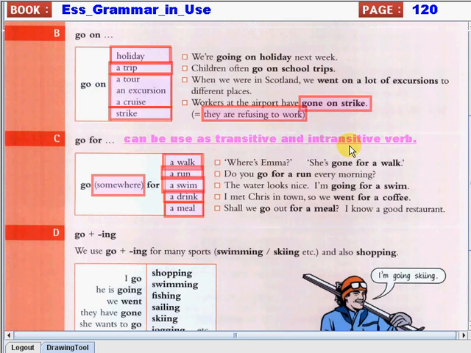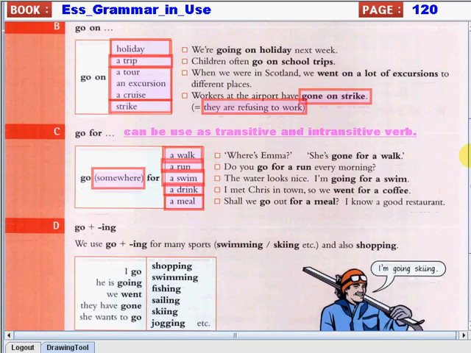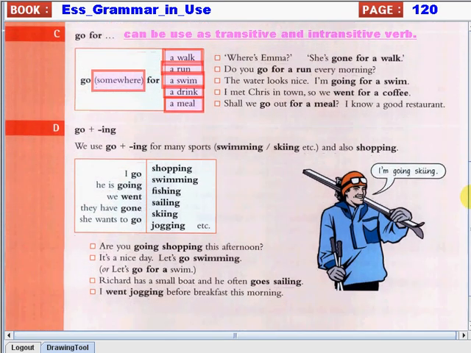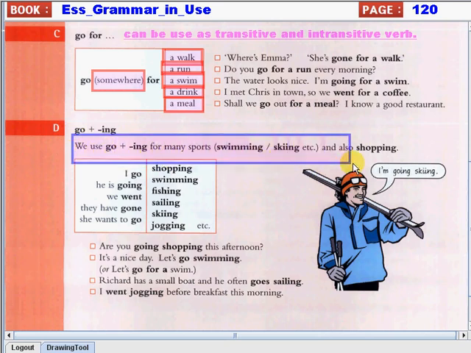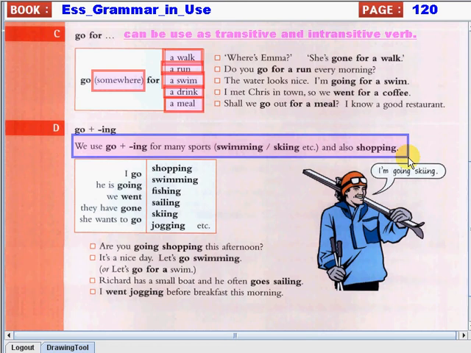Okay? Well done. Now, our last topic for today is about the word go plus those words that end with ing. Take note of this. We use go plus words that end with ing for many sports like swimming, skiing, and so on.